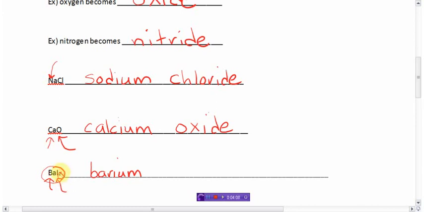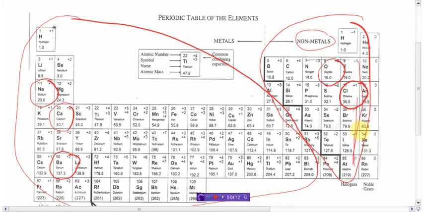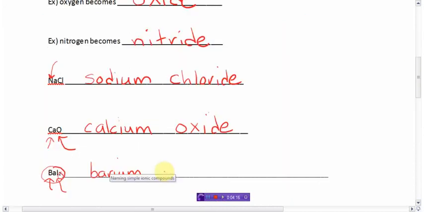That's called a subscript, and we'll talk more about that later. I is iodine. That's a halogen. So we would write iodide, remembering to change the ending to IDE for the nonmetal portion.